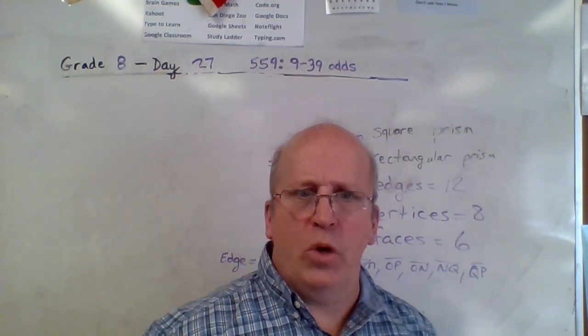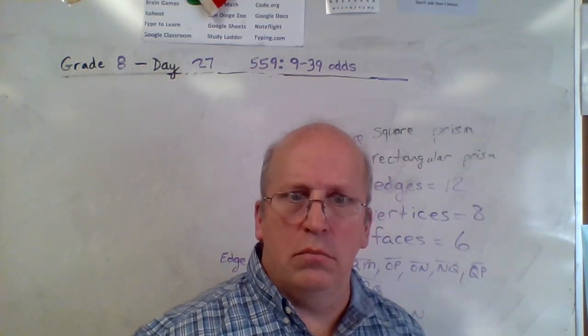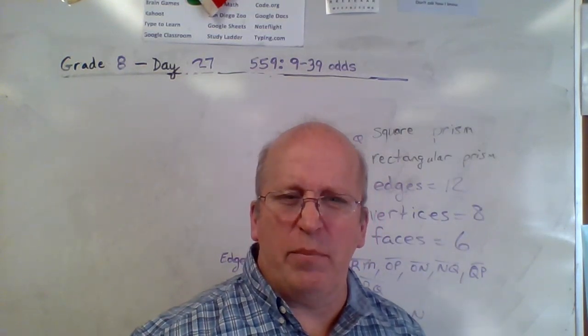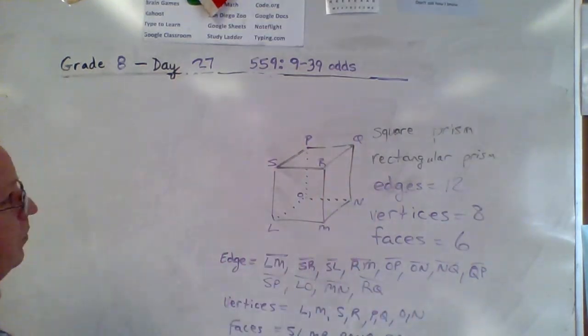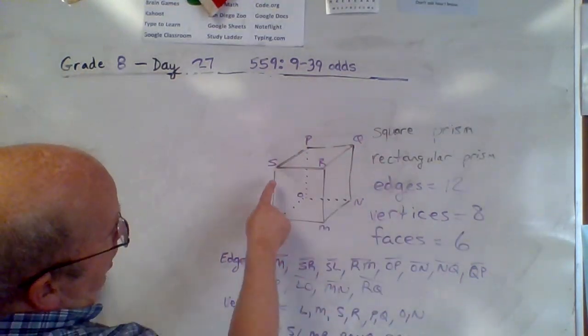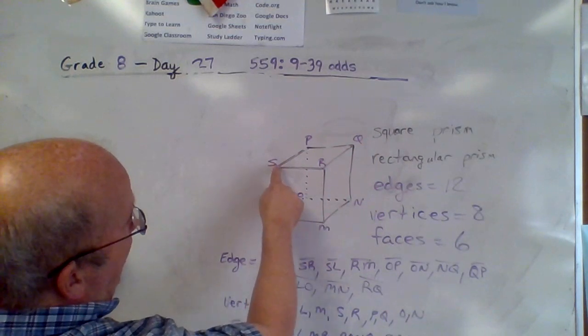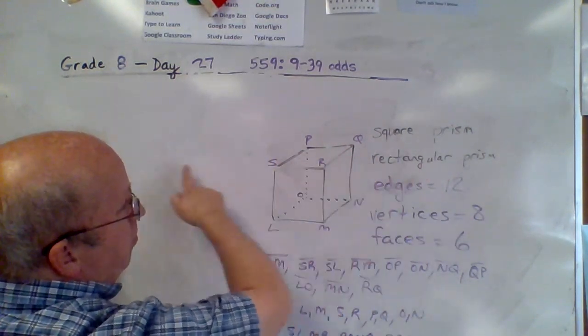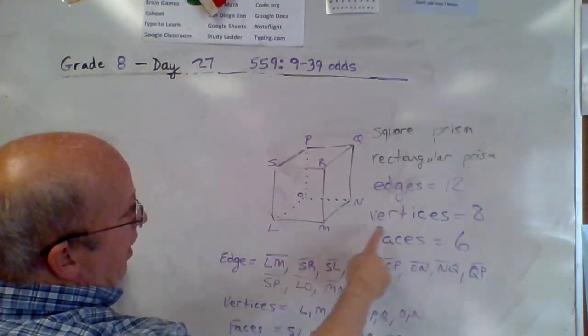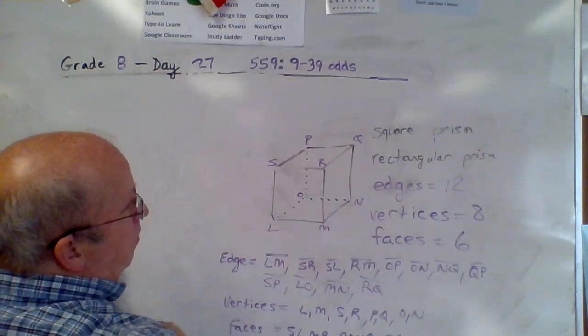Well, we know that sometimes lines intersect. And we know that sometimes lines are parallel to each other, right? Let's show examples of that. On this particular shape, if I were to draw SR as a line, SR is parallel to line LM. They're parallel lines.